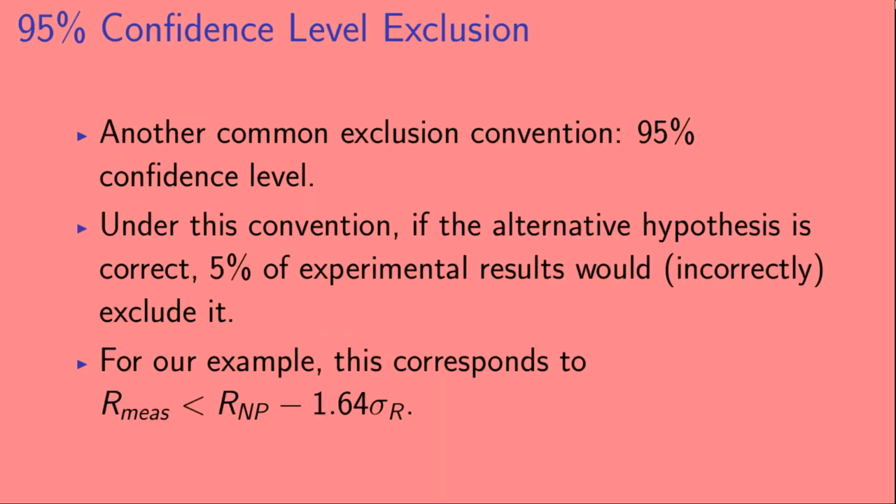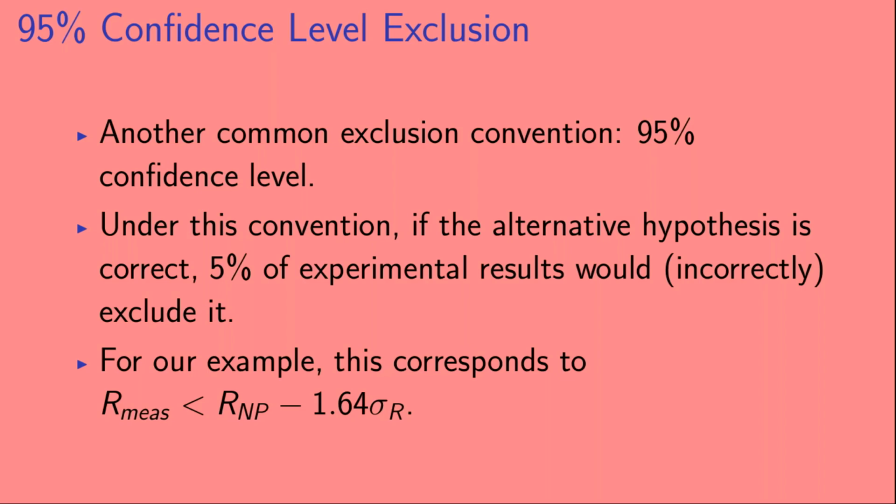Now, we should briefly mention that there are other conventions for discovery and exclusion. In particular, one common exclusion convention is the 95% confidence level. Under this convention, if the alternative hypothesis is correct, 5% of experimental results would incorrectly exclude it, unlike the 2.3% that we saw under the 2 sigma convention.